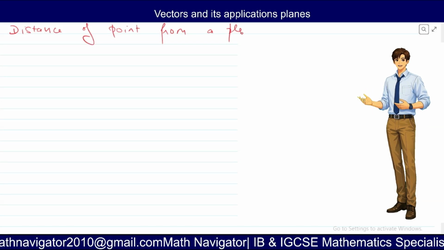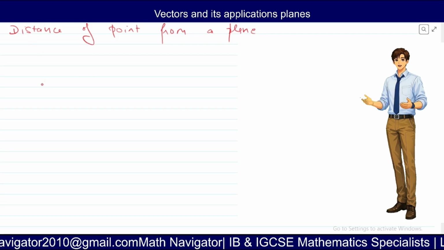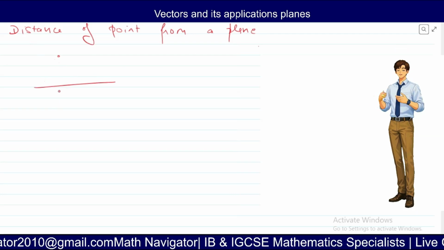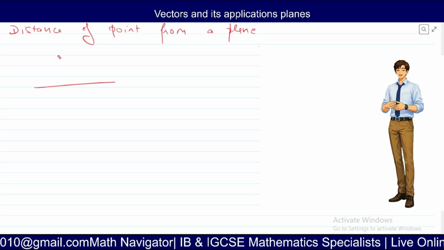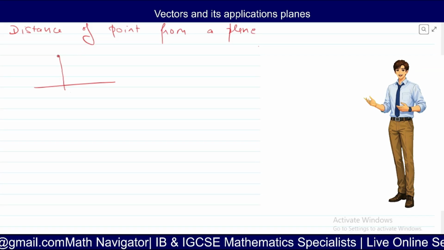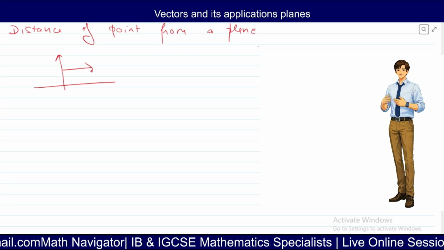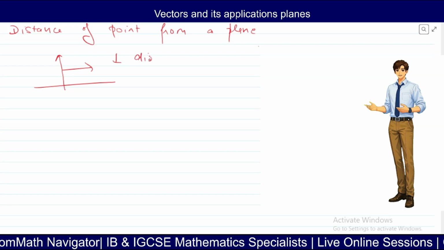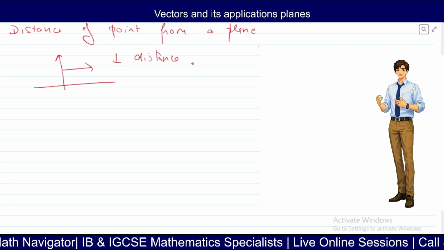Like when we were doing lines, we said that let's say this is the line and we want to find the shortest distance between the line and this point. So this length, we found the perpendicular distance, and this was my answer.